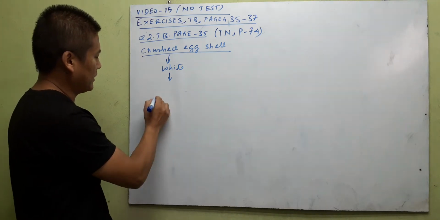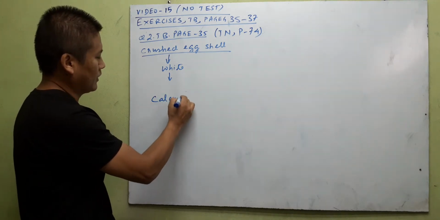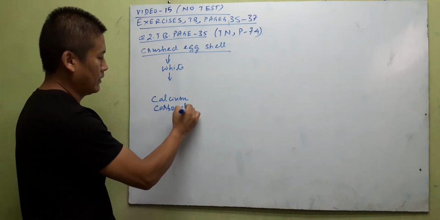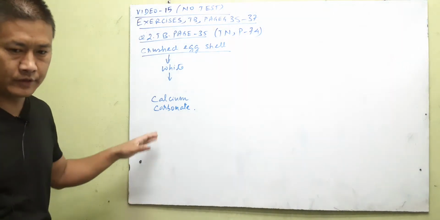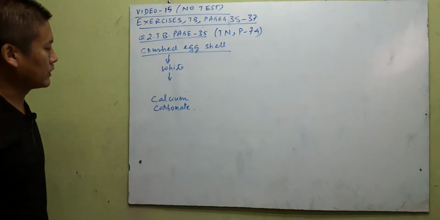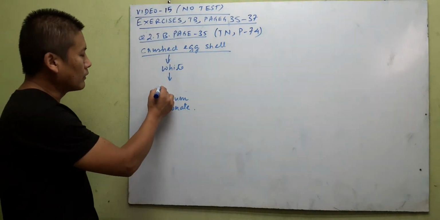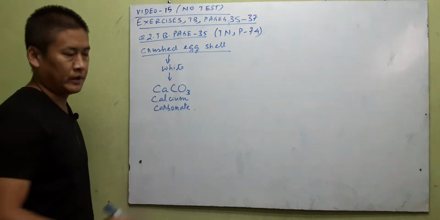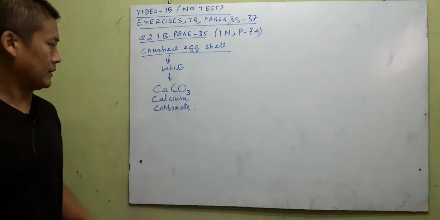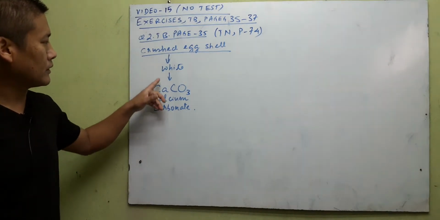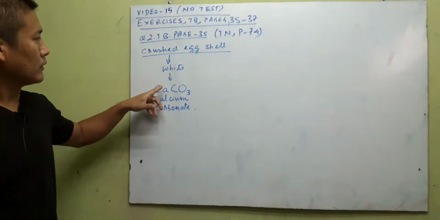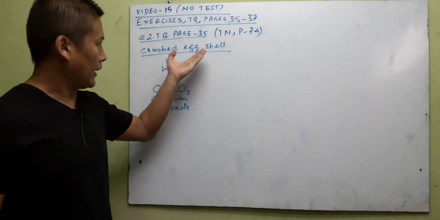So keep some space here and write calcium carbonate, Ca2+ CO3 2-, so the 2 and 2 valencies cancel. We know it contains calcium carbonate because calcium carbonate is white in color, and there is a good amount of it in the egg cover.